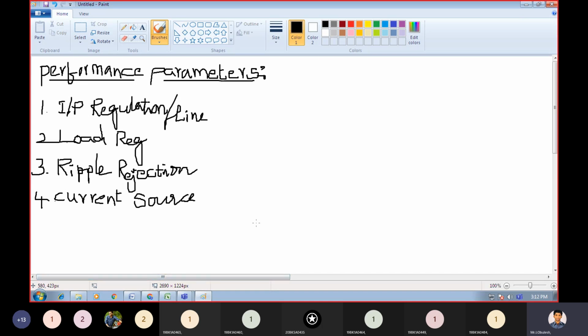So these are the performance parameters of fixed series voltage regulators. The first and foremost one is input regulation or line regulation.